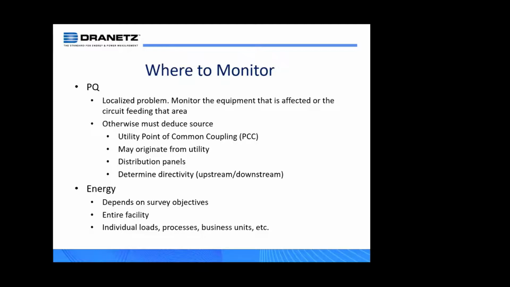If you're in a scenario where you're trying to determine if the utility is causing power quality issues, because you're monitoring at the point of common coupling, the instrumentation can identify if the disturbances are occurring upstream, which means that they're coming in from the utility, or downstream, which means they're occurring within the facility. So the point of common coupling is usually the deciding factor as far as, okay, where are these disturbances coming from? Are they coming from the utility, or are they coming from the end user?